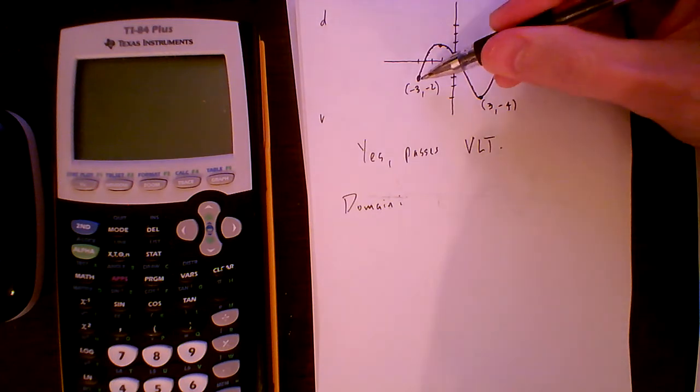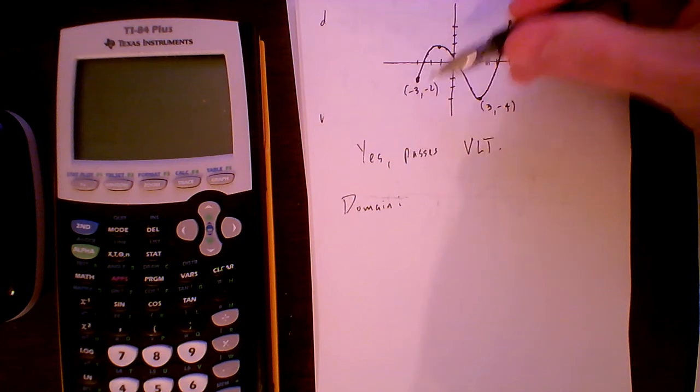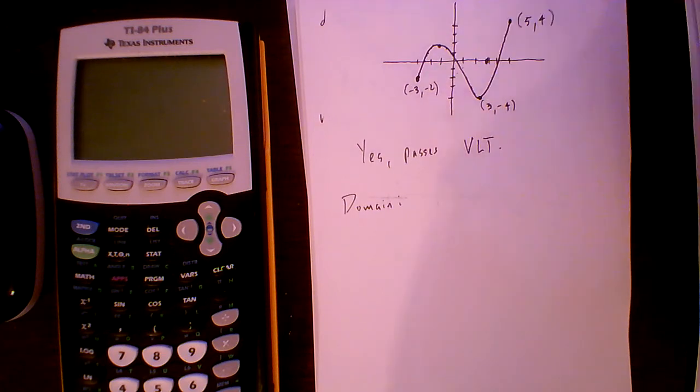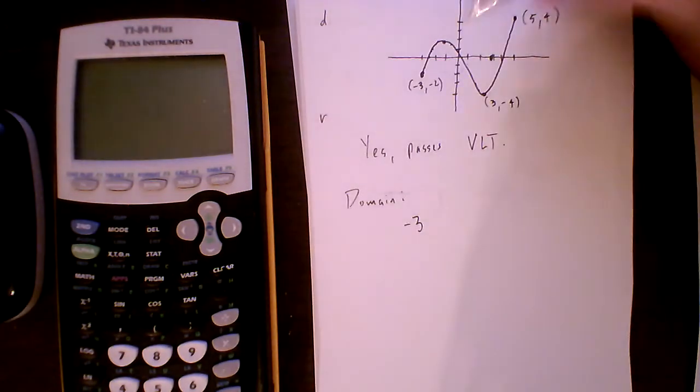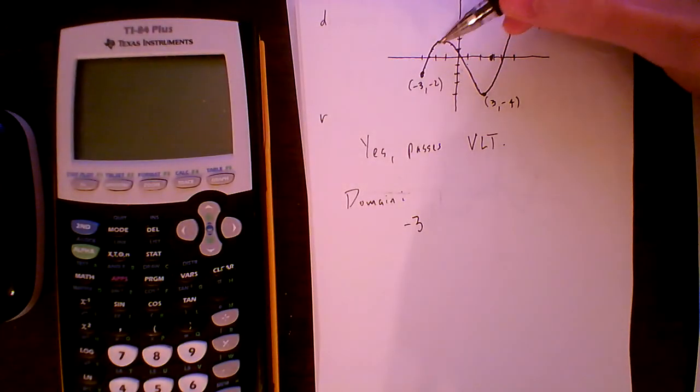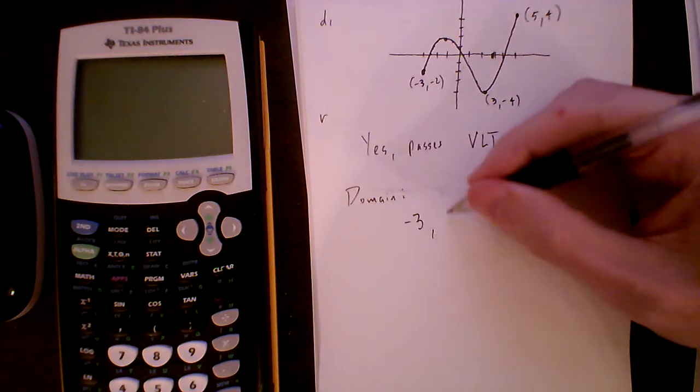We want to work our way across the graph from left to right. So over here, this is my leftmost point. I want to start with my x value there. So this is going to start at -3. And then we're just going to run our way across this curve until we get to our rightmost point, which in this case is going to be 5.